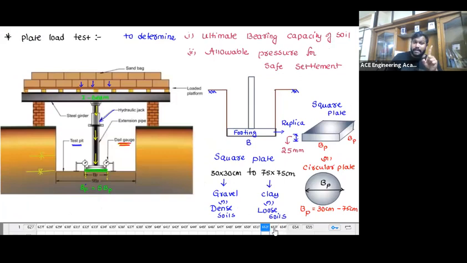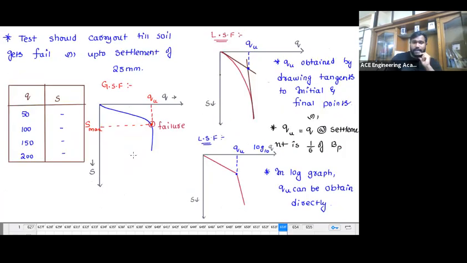We are getting the ultimate load carrying capacity and settlements, but we are getting them under the plate. What we require is under the footing. So the biggest limitation is that the QU and settlements we obtained are for the plate, not for the footing.